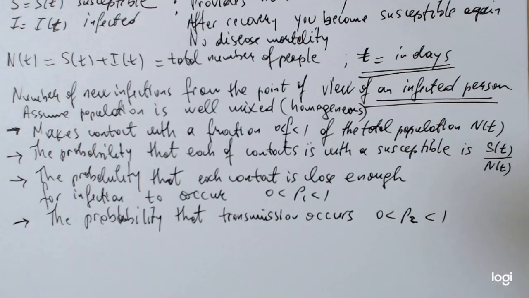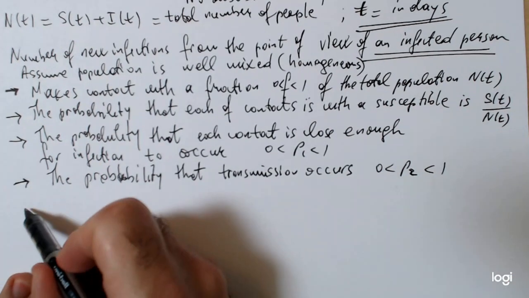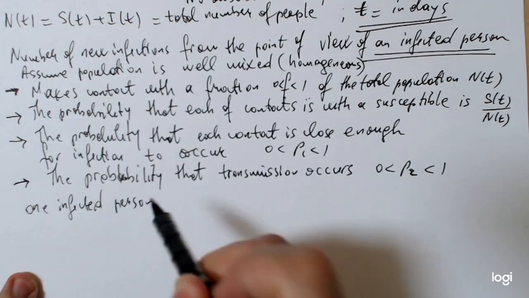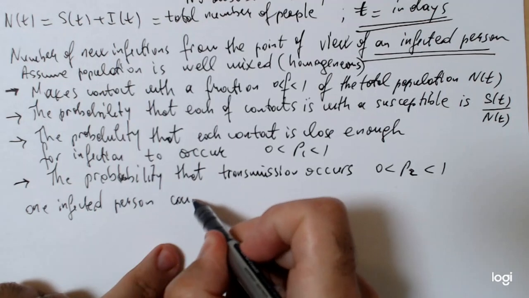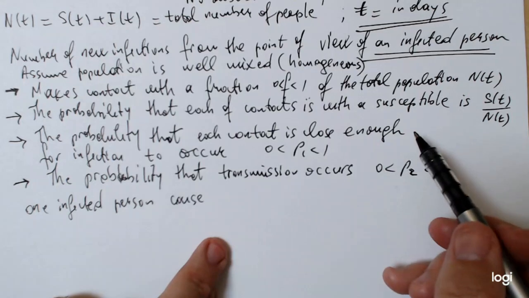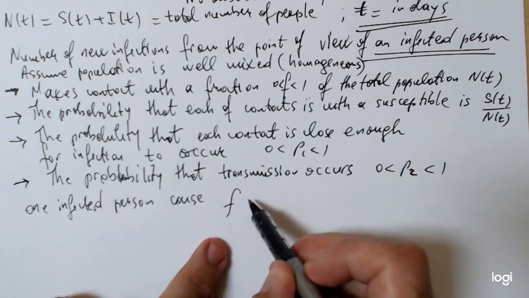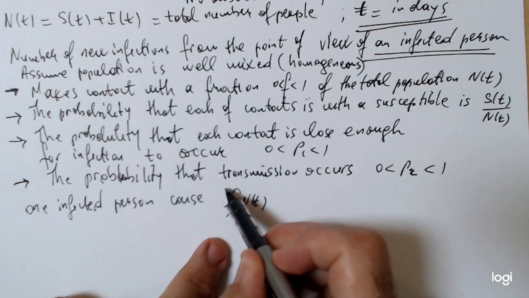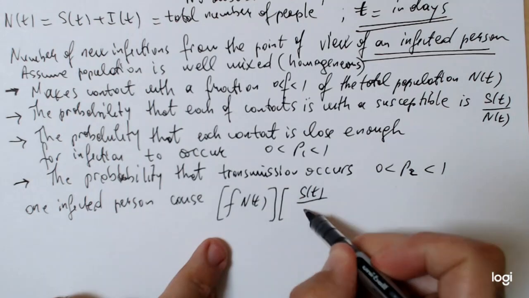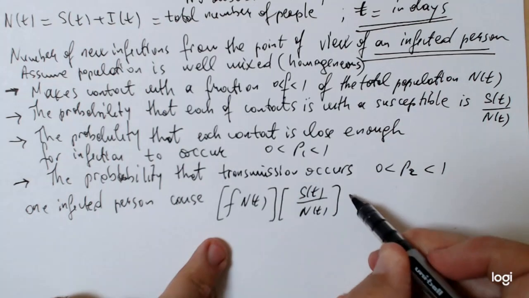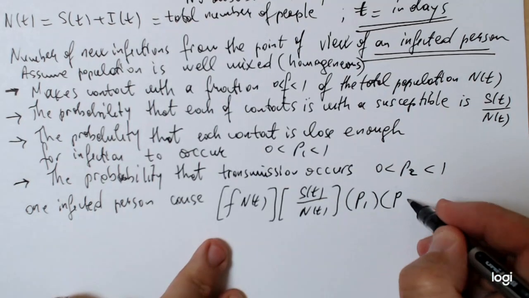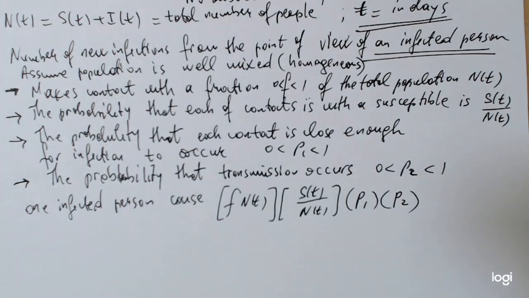Okay, so we have that single infectious individual, that one infected person, who causes the following number of new infections. So you have the multiplication of all these terms: the fraction of the people that infectious individual meets, multiplied by the probability of meeting a susceptible, multiplied by the probability of the contact being close enough, multiplied by the probability for the infection to occur.